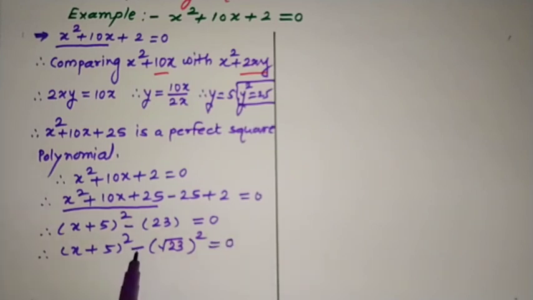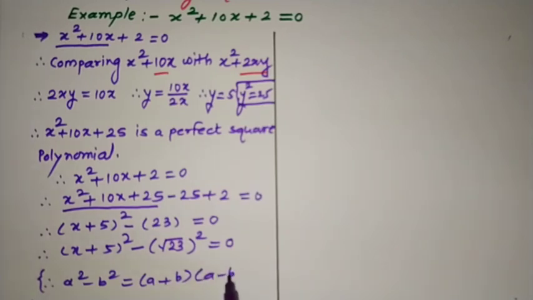This is the first term square minus the second term square, so use the expansion formula a square minus b square is equal to, in the first bracket the sum of the two numbers and in the second bracket the subtraction of the two numbers.